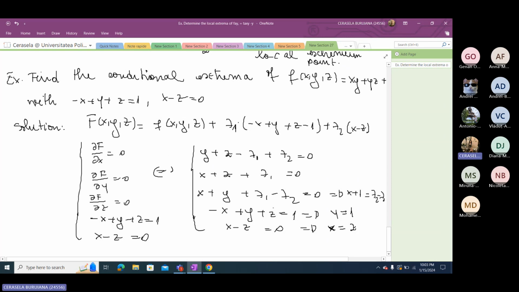Another idea is to add the first and the second. Lambda 1 disappears. I know that x equals z, and y is 1, so from those two I get 3x plus 1 plus lambda 2, everything equals 0. Is it okay? Please check.